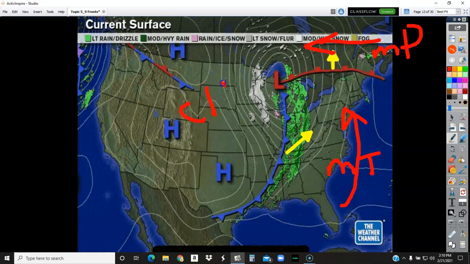And the continental polar air coming down out of Canada is pushing this way, but all kind of going counterclockwise. So this warm front is going to push north. This cold front is going to push east, all pivoting around the center of this low pressure. And that's a very good, typical, standard low pressure system. That's what you're going to see 99% of the time.